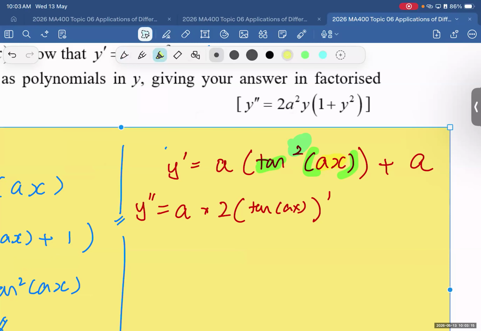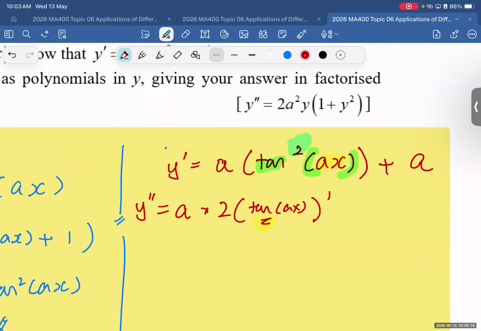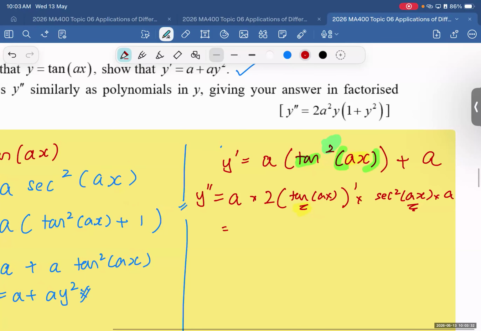Differentiate layer 2, that gives me differentiate tangent, what do I get? Secant square ax. Differentiate inside, I get another A. So after that, what does that give me is 2, A and A will be A square, tangent ax, secant square ax.